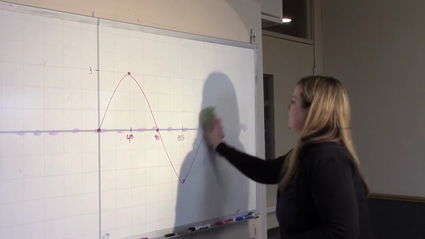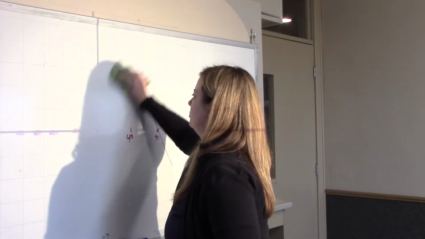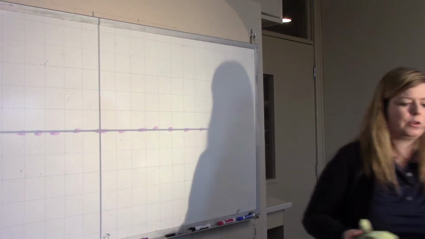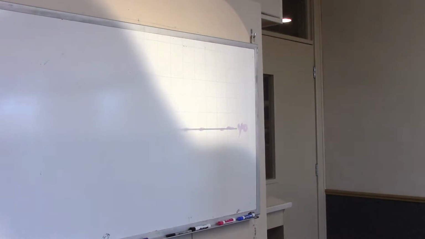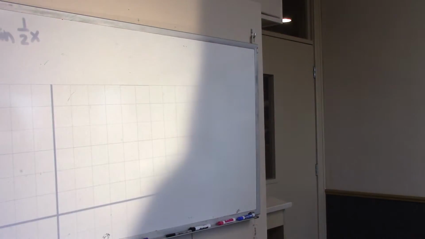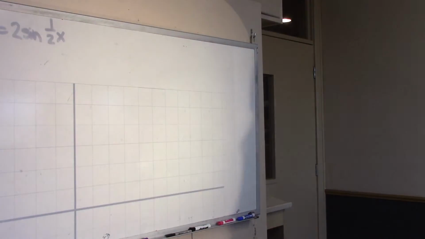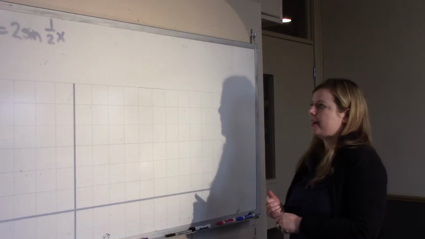Okay. See if you can do the next example on your own. Use pencil. And then you can check back with my example here. Okay. So in this case, we have 2 sine of a half x.